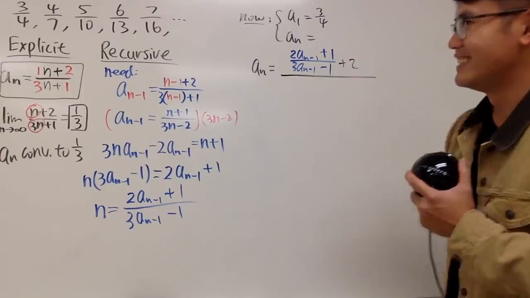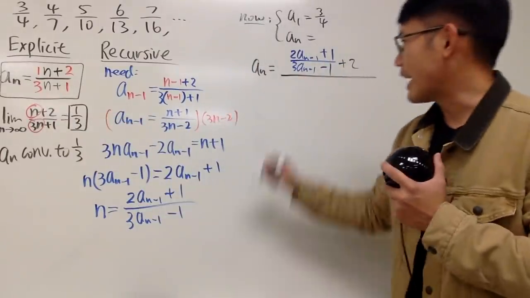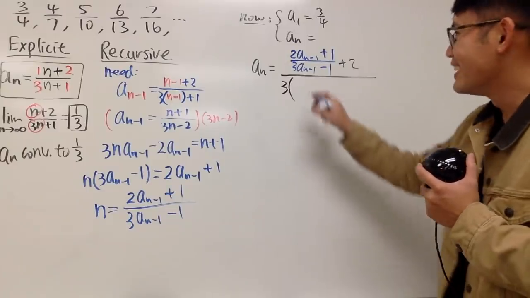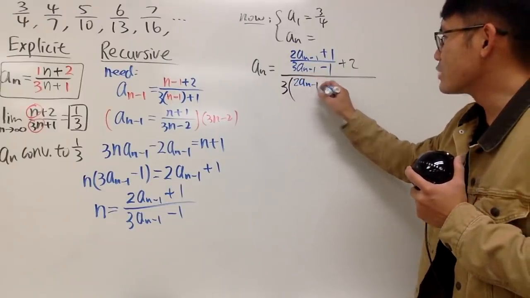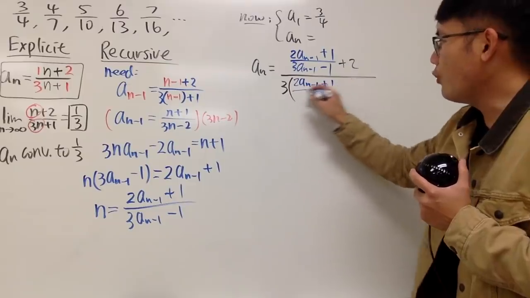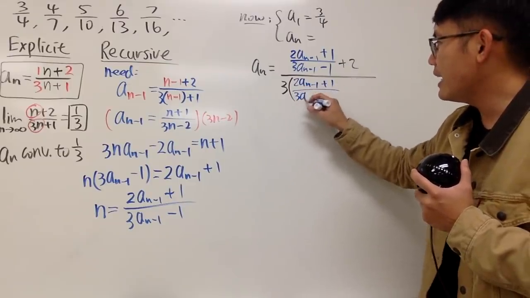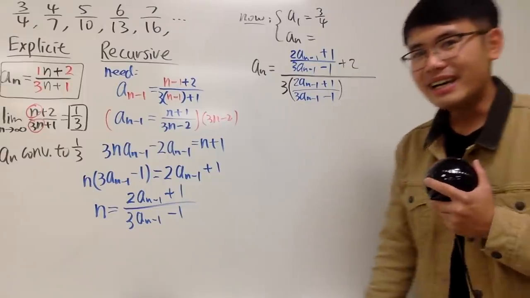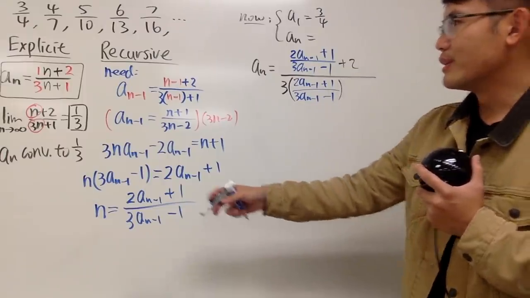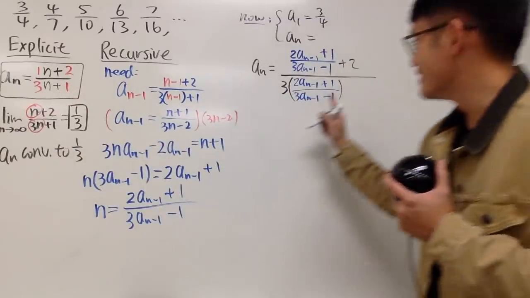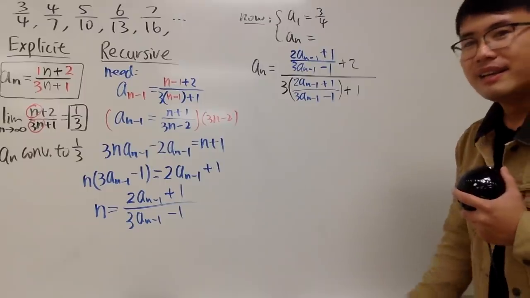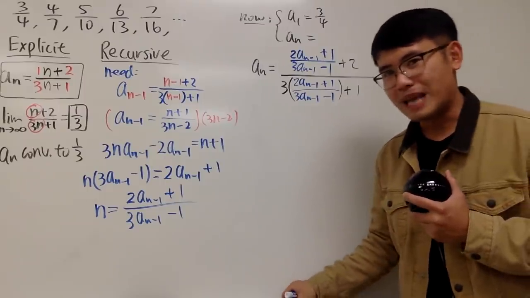And then divided by 3 times n, which is now that, so we have 3 right here in the front, and we multiply by this guy, which is 2an minus 1 plus 1 over 3an minus 1 minus 1, like this. And then we are just going to add 1 right here, plus 1. That's 3n minus 1.